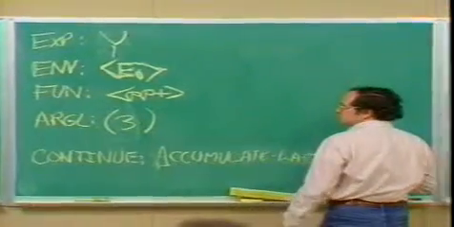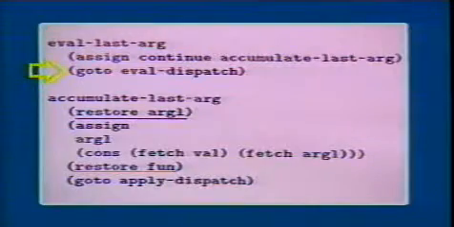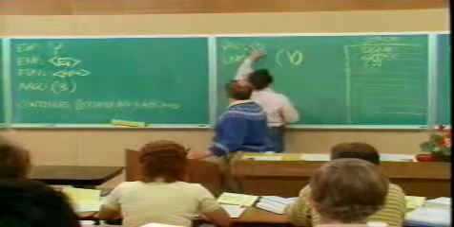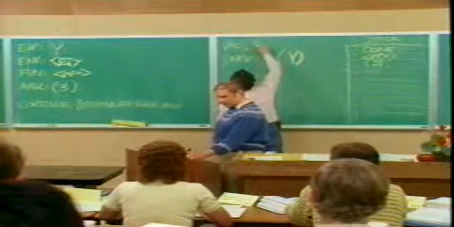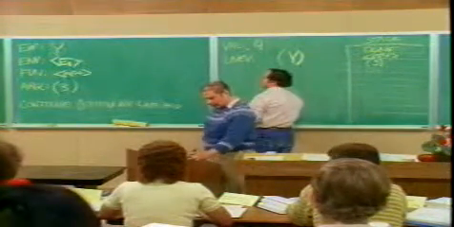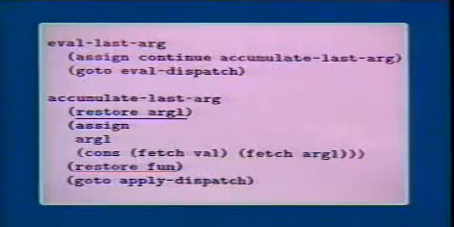Now we're set up again for eval dispatch. We've got a place to go to when we're done. We've got an expression. We've got an environment. So we'll short circuit the call to eval dispatch. There's a y there. It's 4 in that environment, so val will end up with 4 in it. And then we're going to end up at accumulate last arg. So at accumulate last arg, we restore argl.